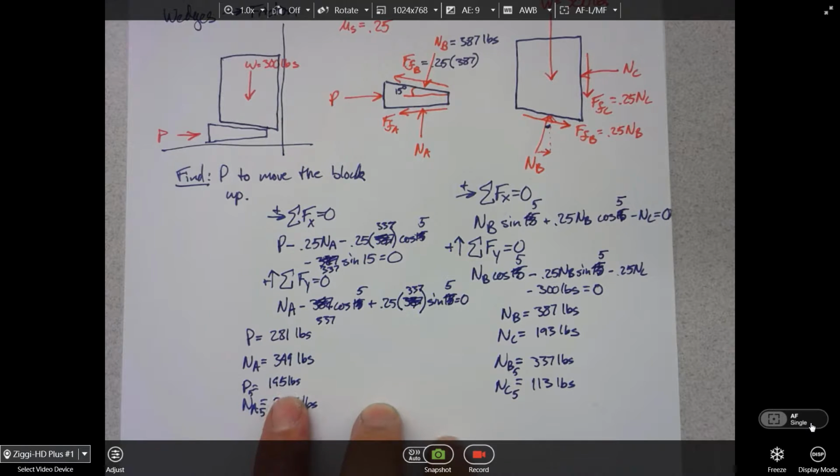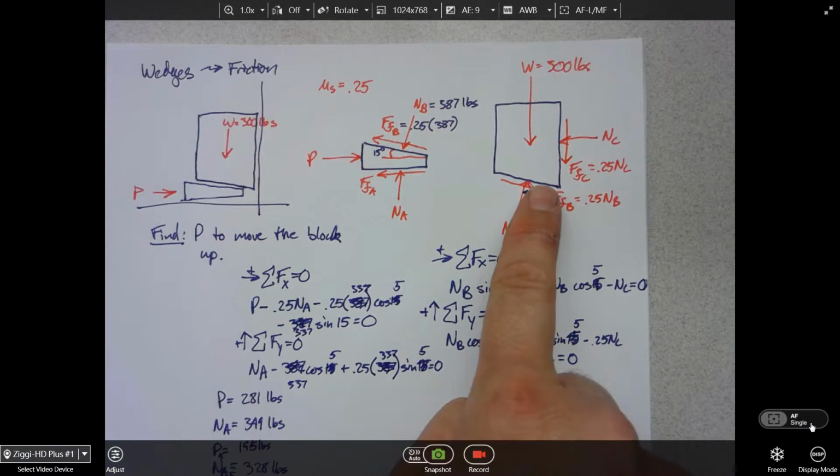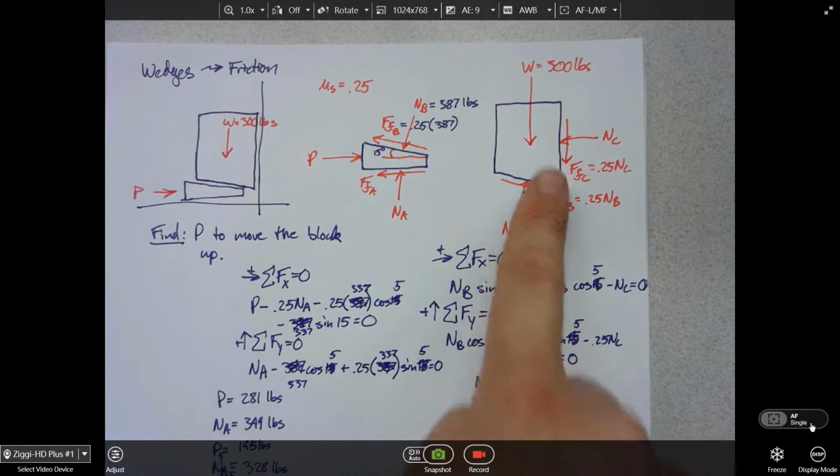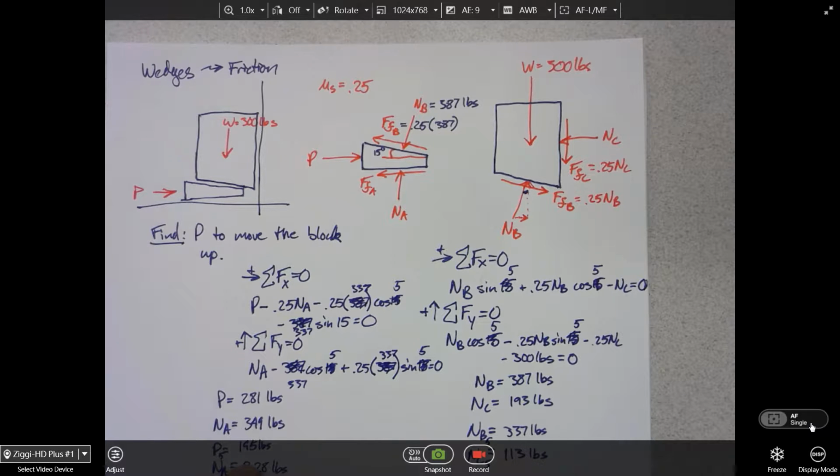Well, one time to use them is if you want to lift something really heavy, right? But you don't have 300 pounds to lift this block, you could shove a wedge underneath it and only apply 195 pounds. And it will lift it. Right? So it gives you mechanical advantage.